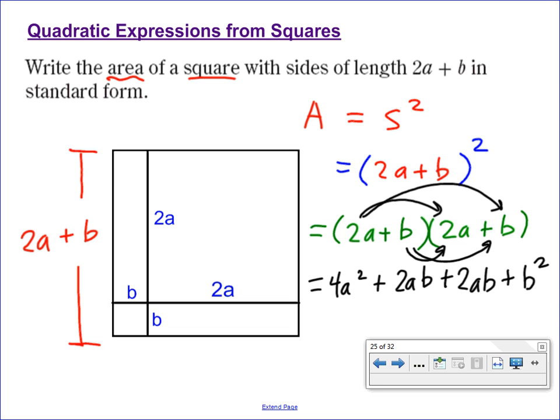While this is not in standard form currently, I can see these components, my FOIL components, as areas in my original figure.